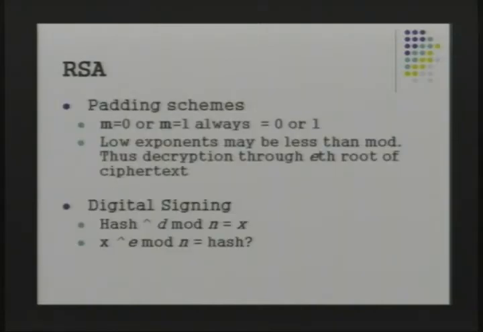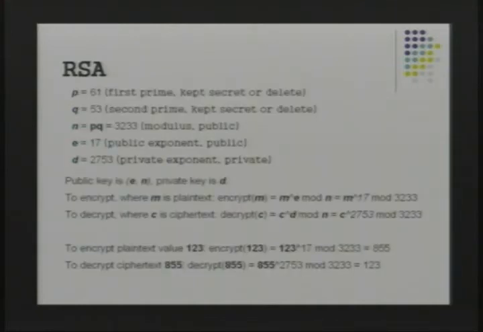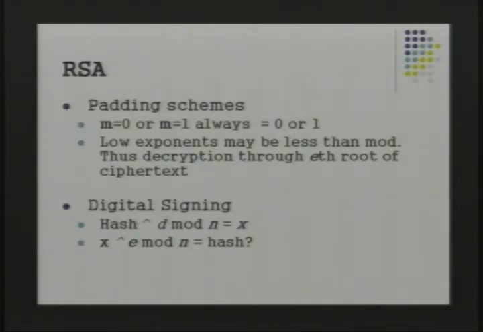RSA needs to use padding schemes. Otherwise, it'll be too easy to calculate the numbers. You've got to throw in some stuff to take people away from the actual numbers that you want to calculate. Because if you have M, as in M on that page, as 0 or 1, your output will always be 0 or 1.